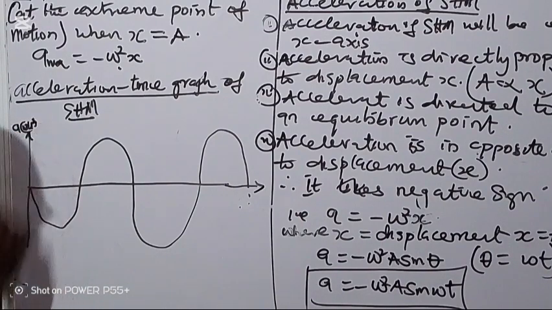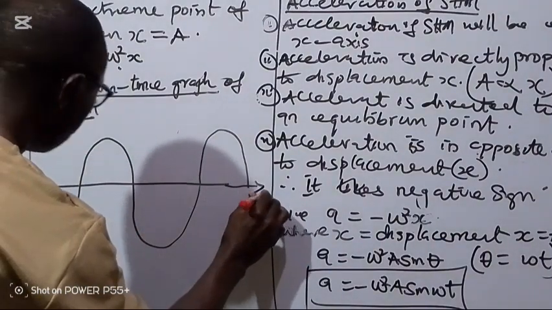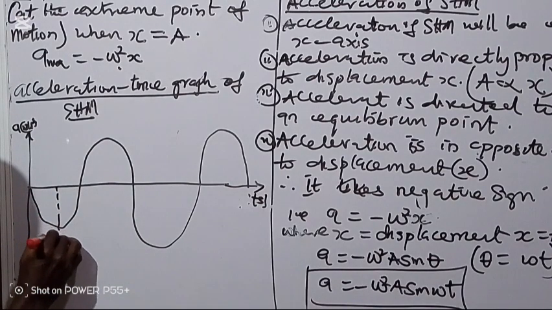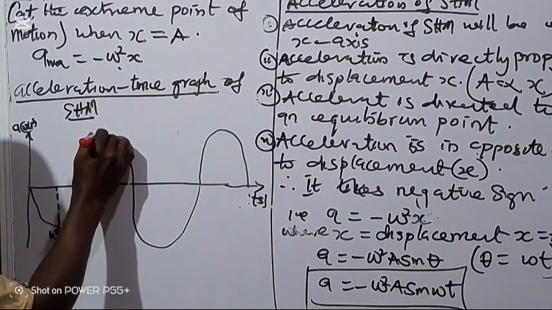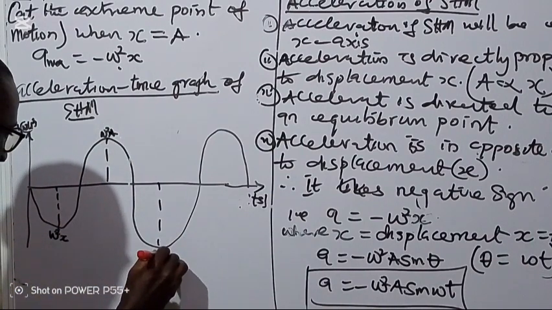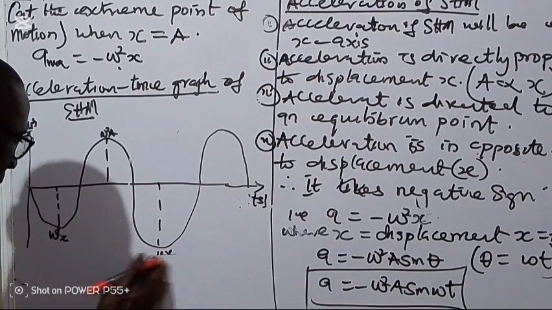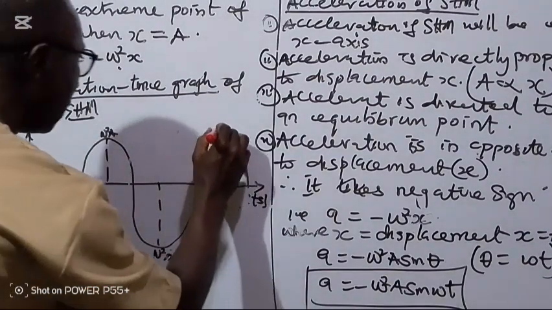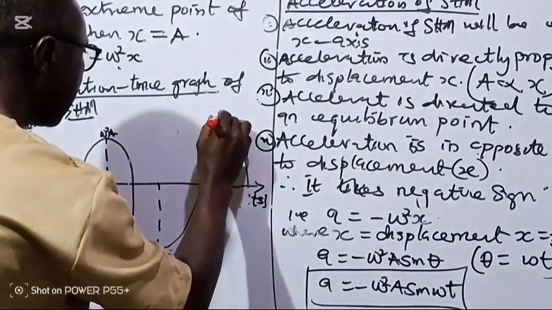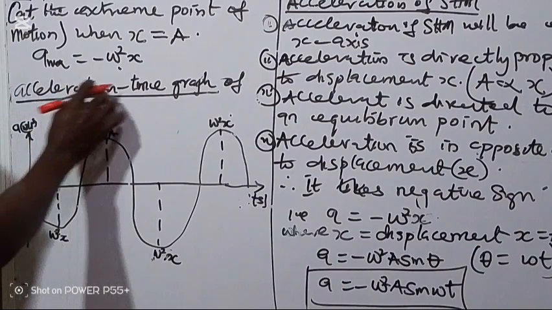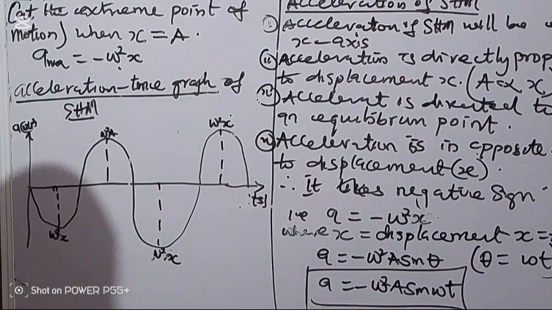Here is the omega square s or A, this is omega square s or A, and omega square s or A. So the acceleration time graph will look like this, just the inverted displacement time graph.